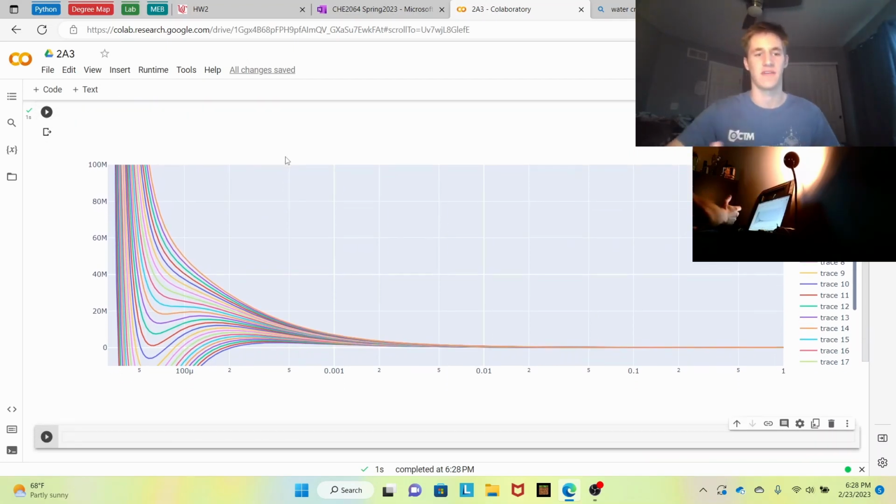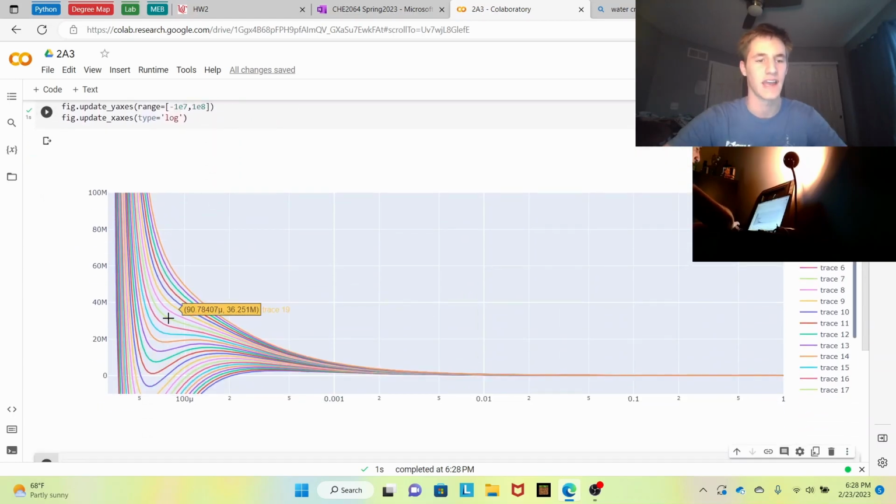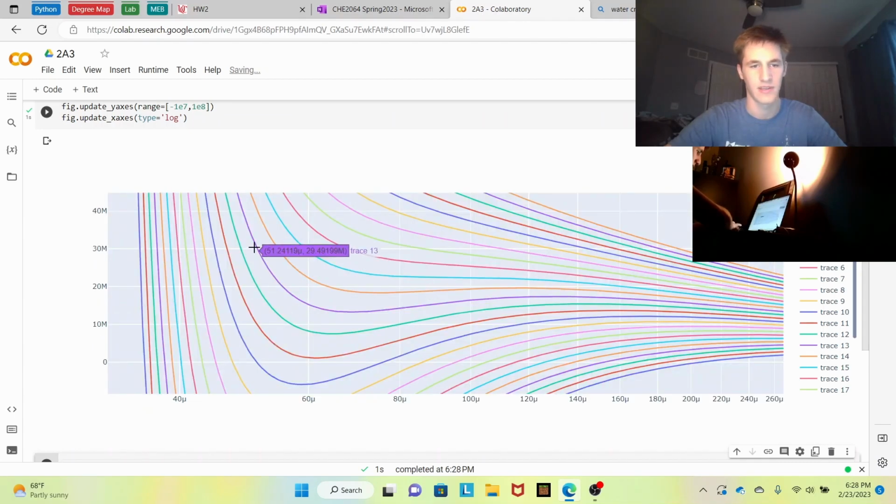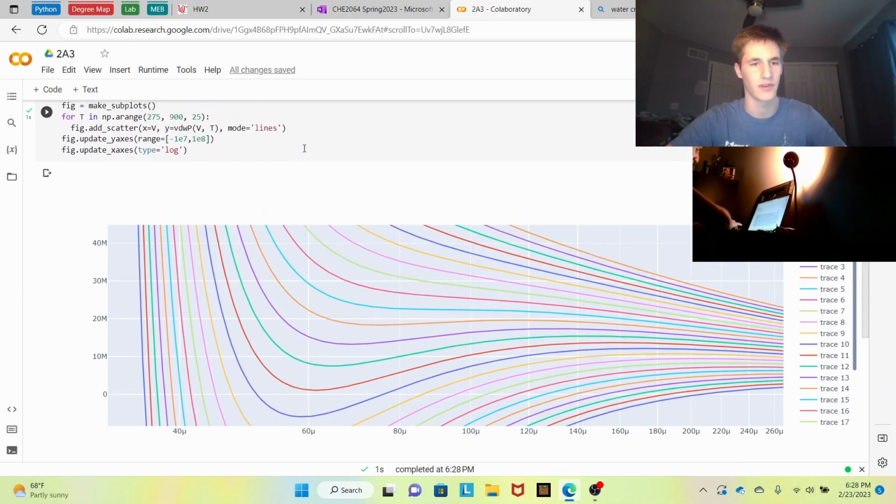And here we have our van der Waals equation of state evaluated at a range of different temperatures across the volumes. And if we look here, we can see a little dip in each of these, right? So these are below the critical point.